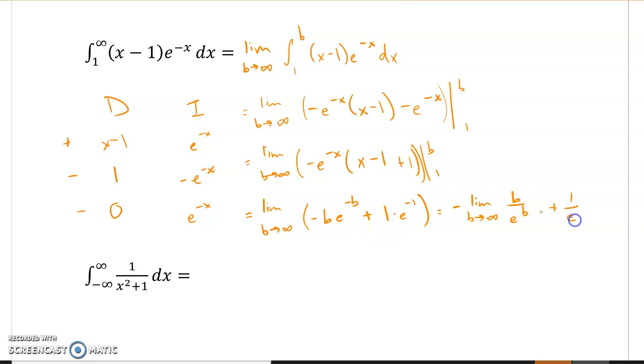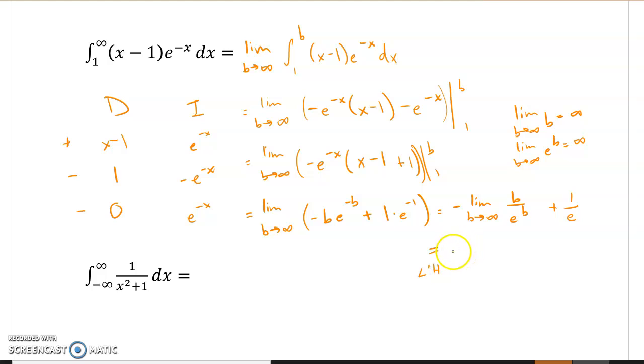Okay? Now how do we evaluate this limit? Well, we notice that the limit as b approaches infinity of the numerator is infinity. And we notice that the limit as b approaches infinity of the denominator is also infinity. So that means, you guessed it, L'Hopital.